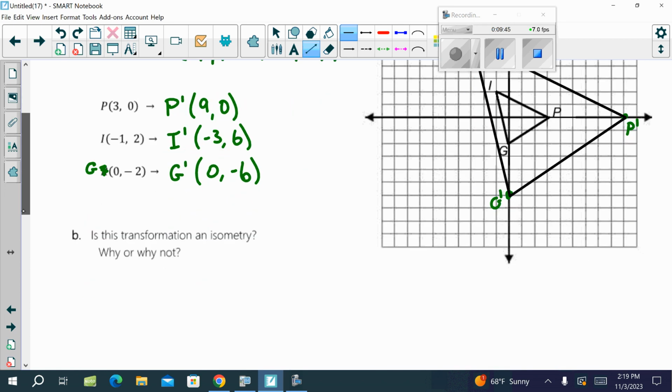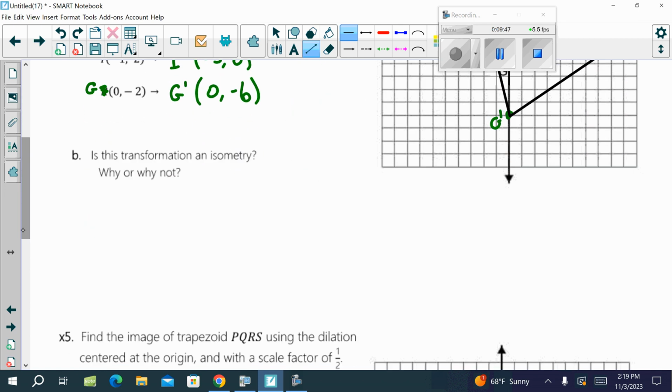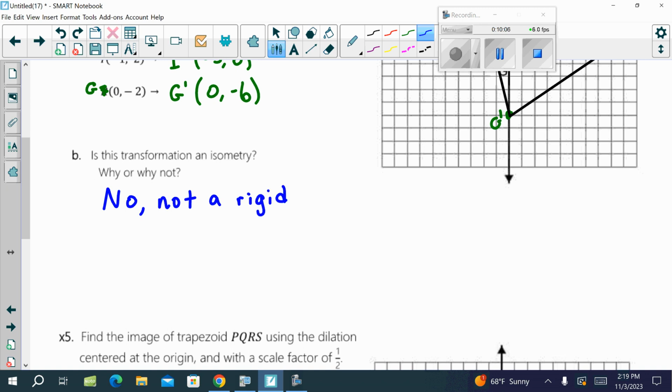Okay. Part B. Is this transformation an isometry? Why or why not? Right. No, because it's not a rigid transformation. It changed what? Size. So no, not a rigid transformation.